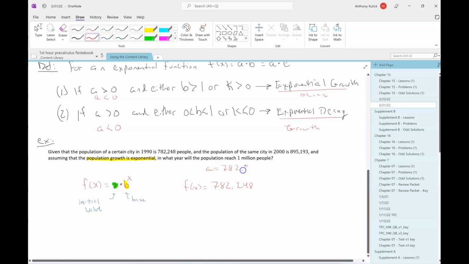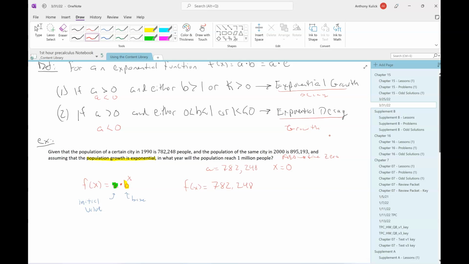Because that's essentially for us like time zero. That's essentially when the problem starts for us. The 1990 is basically like time zero. Everybody cool with that?